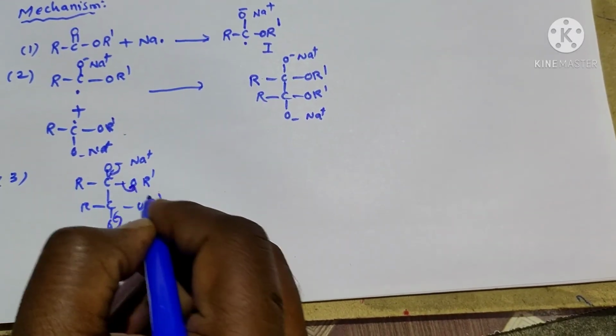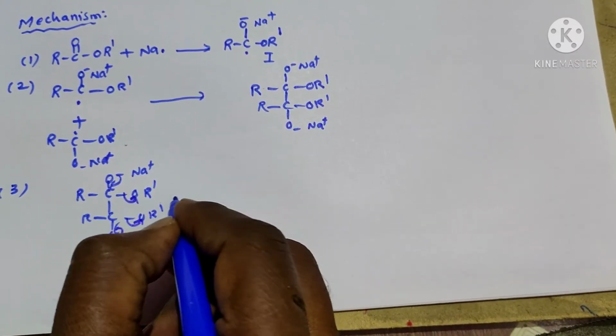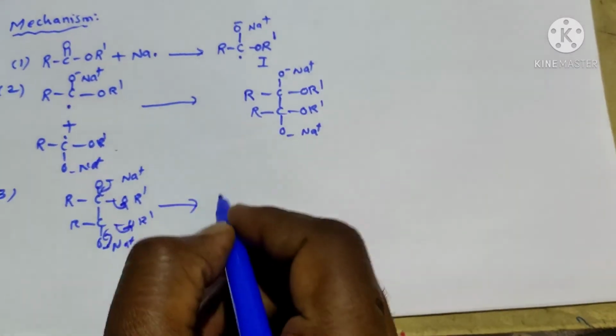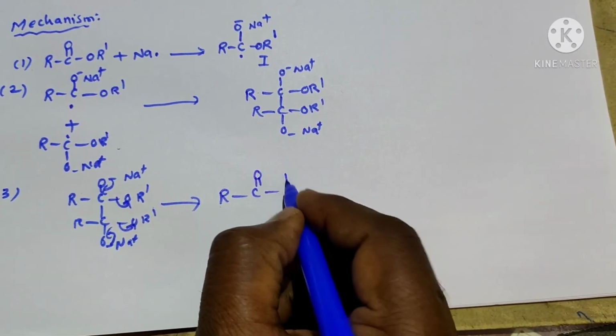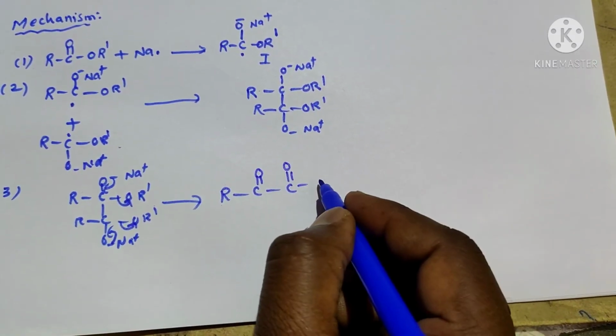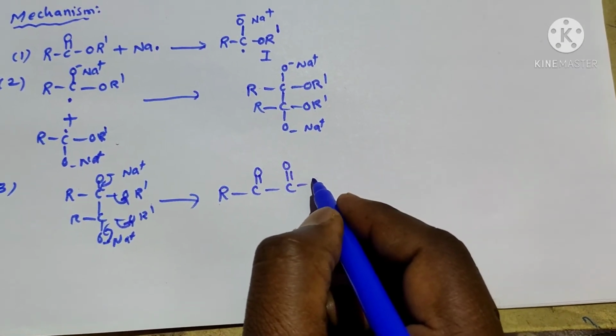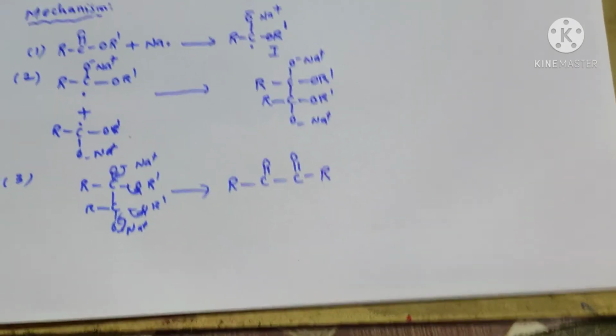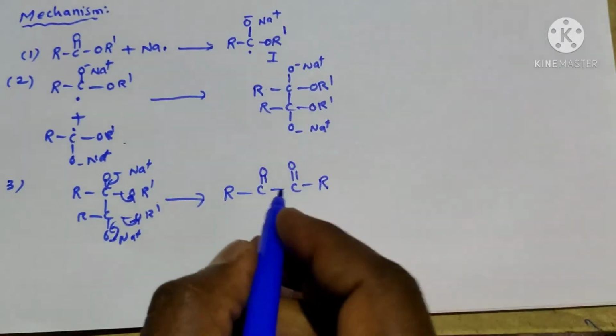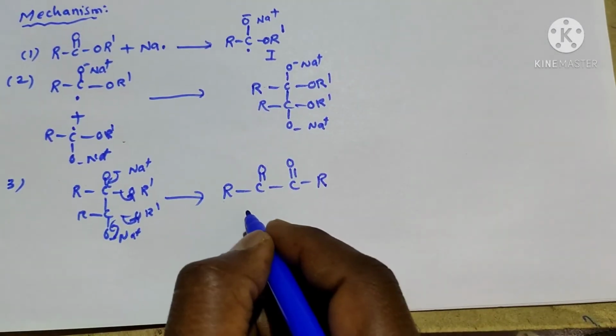So these alkoxide ions go outside. As a result, we get the diketones. So we get the 1,2 dicarbonyl compounds.